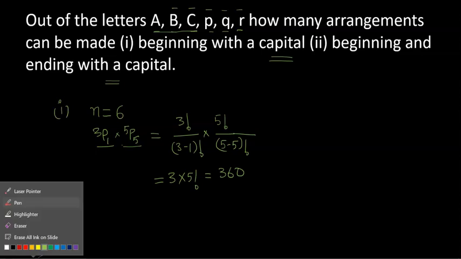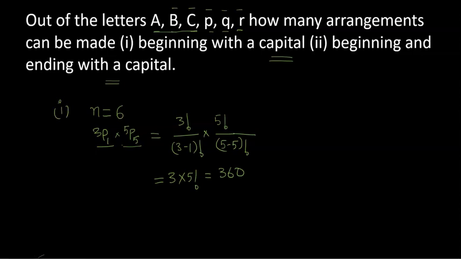Now I'm going to do the second part, which says beginning and ending with a capital letter. So now I've got the first place and the last place. These two places, first and last, can be filled out of how many capitals? Three: A, B, C. So these two places can be selected in 3P2 ways.